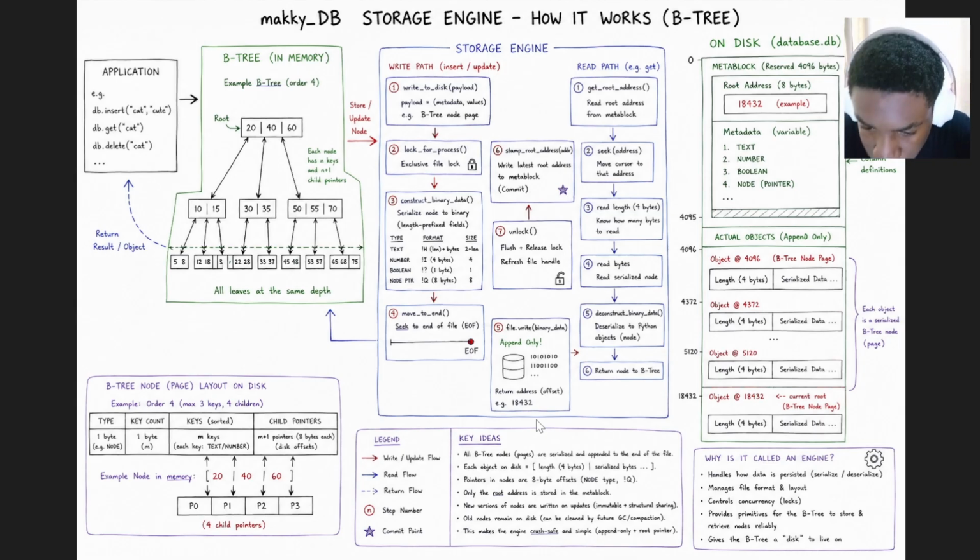For example, 18,432. It will jump 18,432 bytes and then start reading from there.